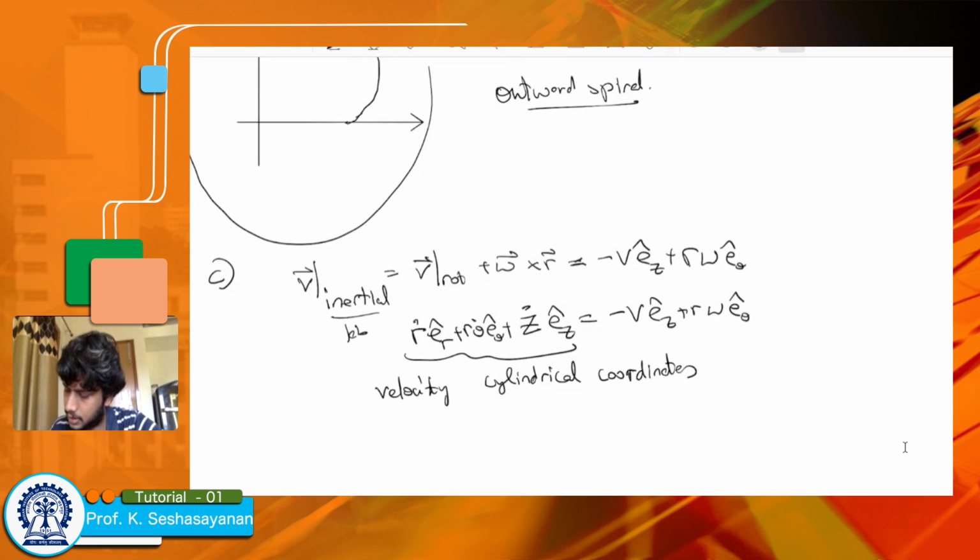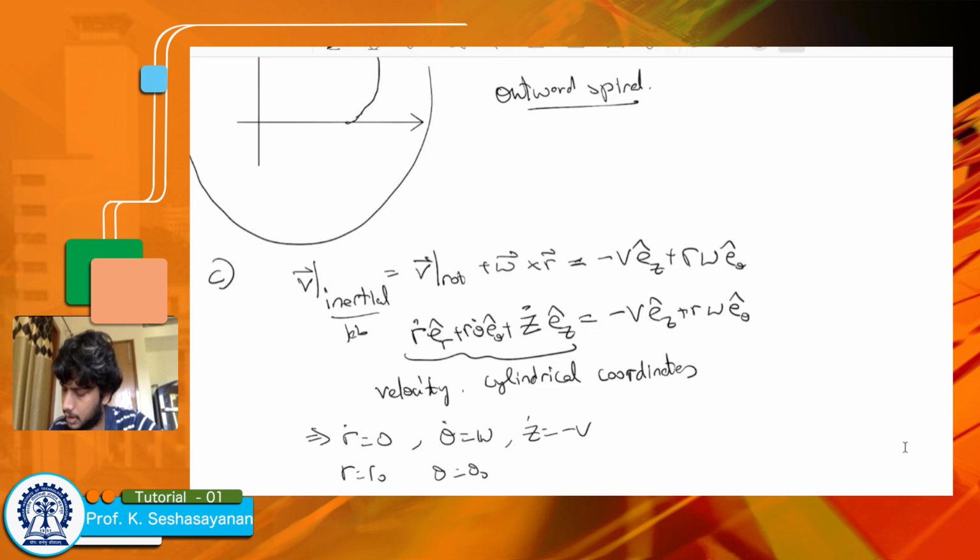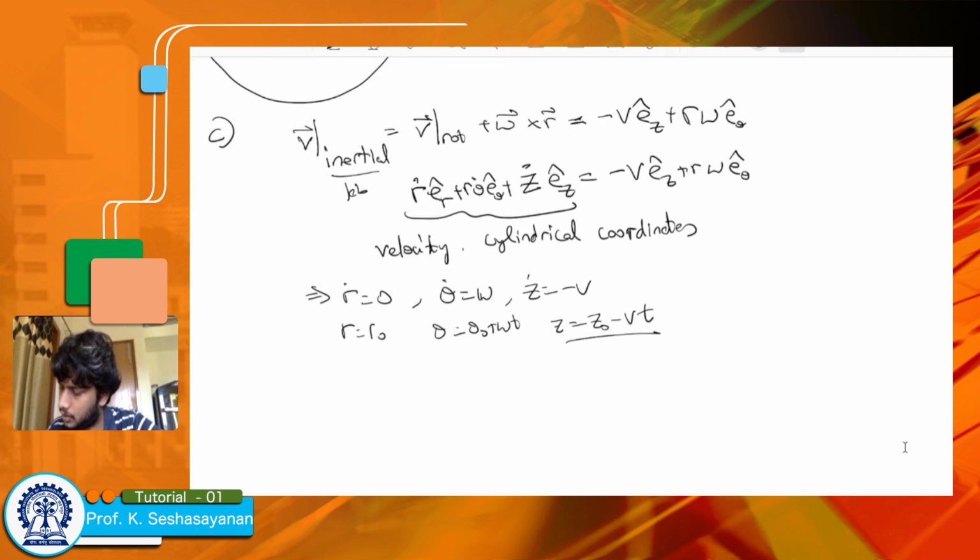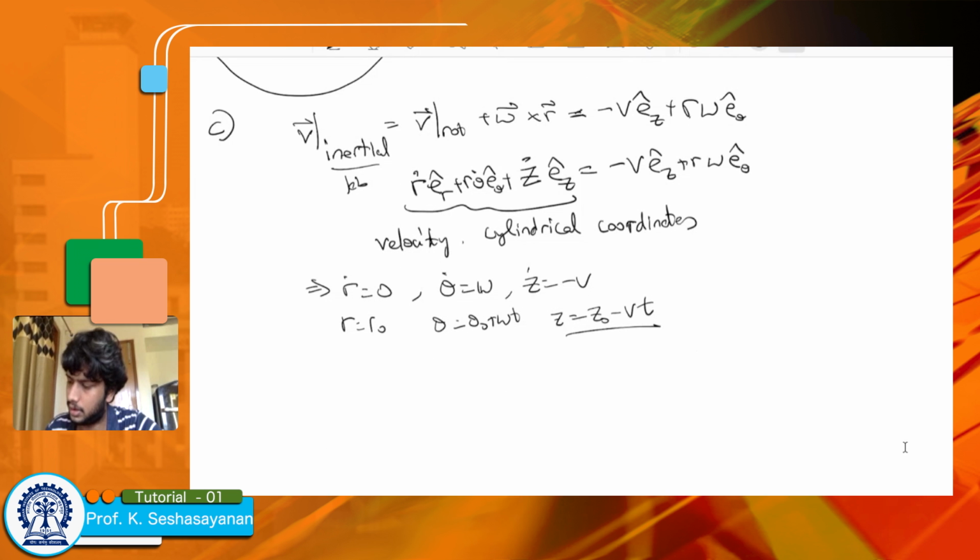And this gives R dot equal to 0, theta dot equal to omega, and Z dot equal to minus V. So R equal to R naught, theta equal to theta naught plus omega t, and Z is nothing but Z naught minus Vt. And this is nothing but your downward spiral. So theta is increasing with time, whereas Z is decreasing with time.